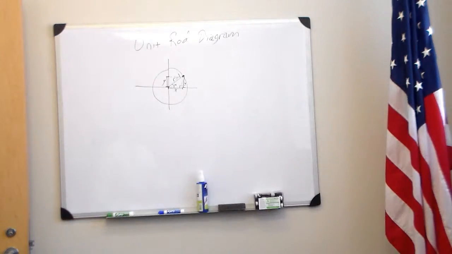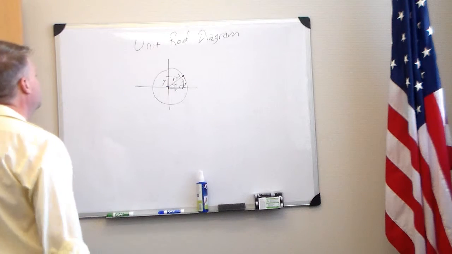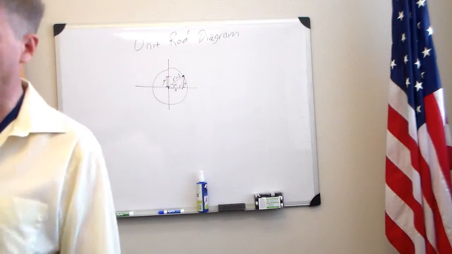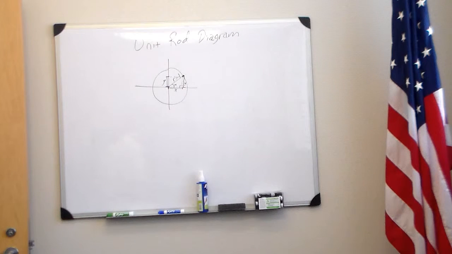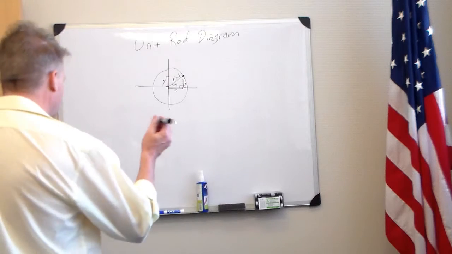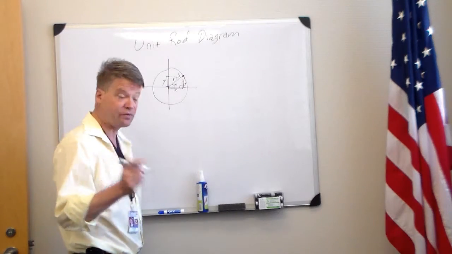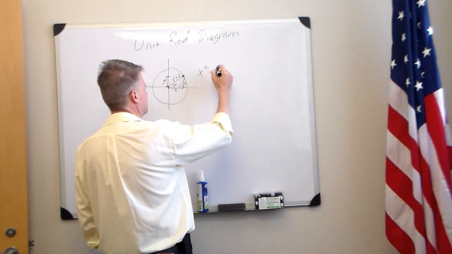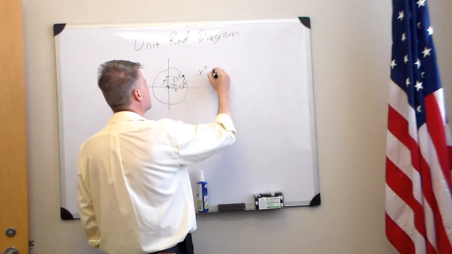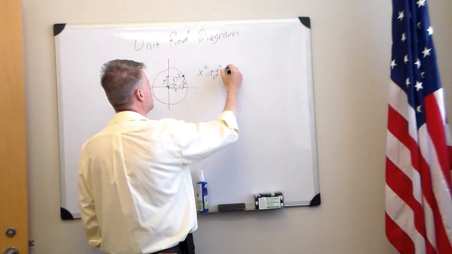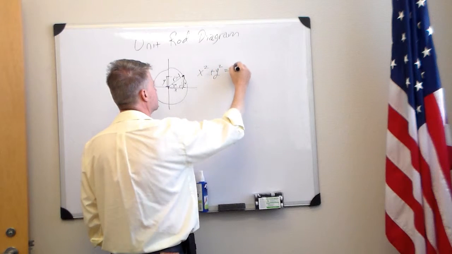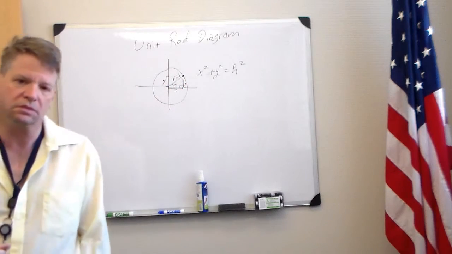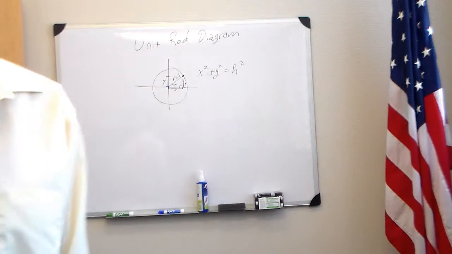Okay, now the book goes through and derives certain values for sine and cosine using, if you recall, our Pythagorean theorem. We know that x squared at any angle, plus y squared equals h squared, the hypotenuse squared. But the hypotenuse is 1. Therefore, 1 squared is equal to 1.